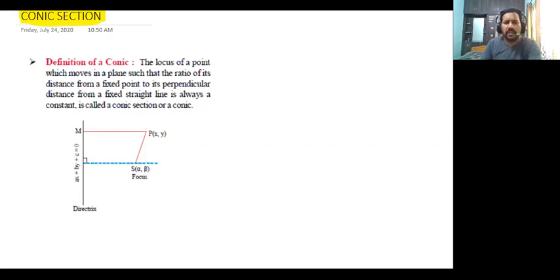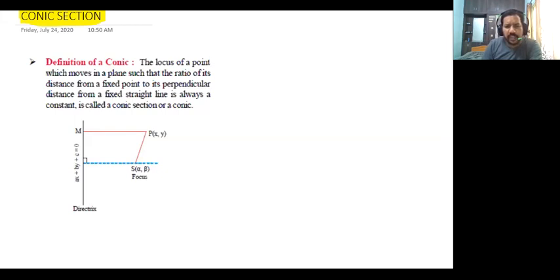Okay. Now, what is conic section? Definition of a conic. See here, the locus of a point which moves in a plane such that the ratio of its distance from a fixed point to its perpendicular distance from a fixed straight line is always a constant is called conic section. So here ax plus by plus c is equal to 0.